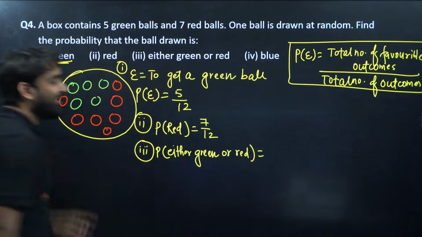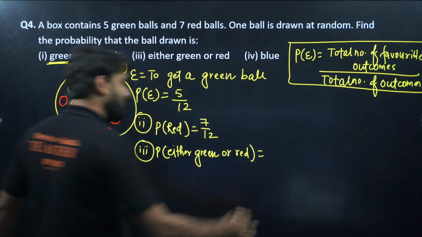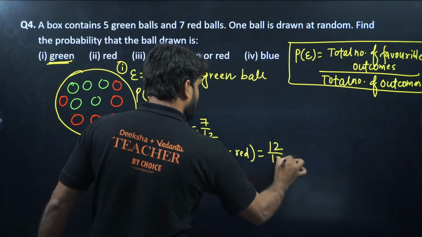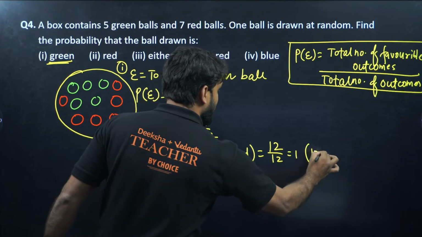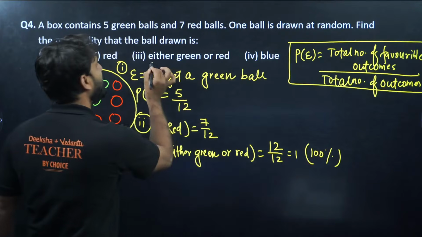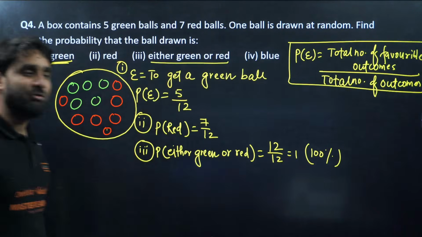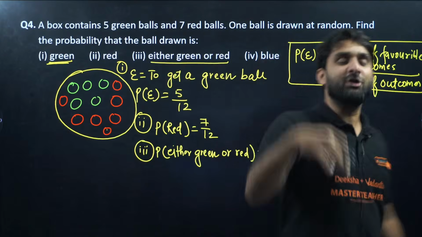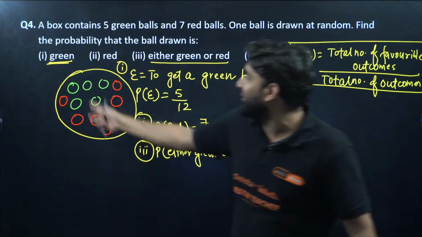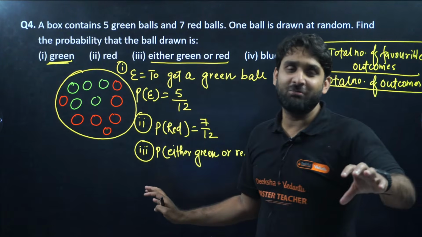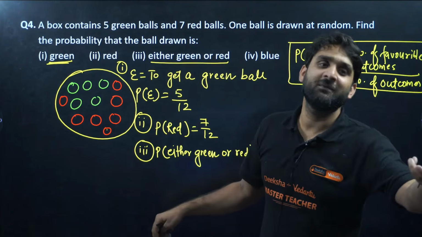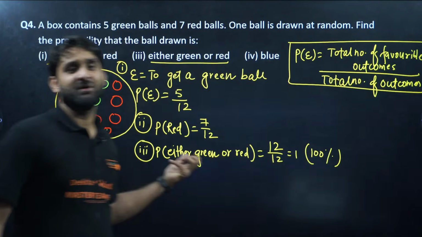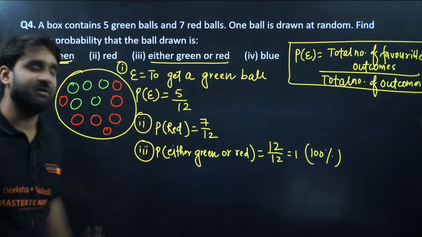Both will be combined. So 7 plus 5 is 12, and 12 over 12 is equal to 1, and 1 means 100%. When you pick a ball, it can be green or red, because there are only 2 colors of balls. This is confirmed, so that will be 100%.